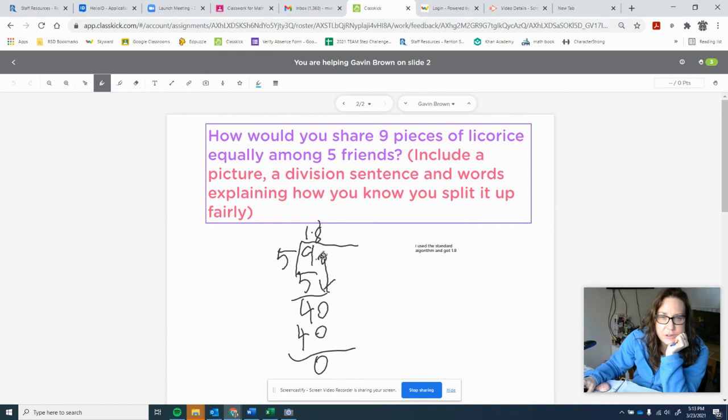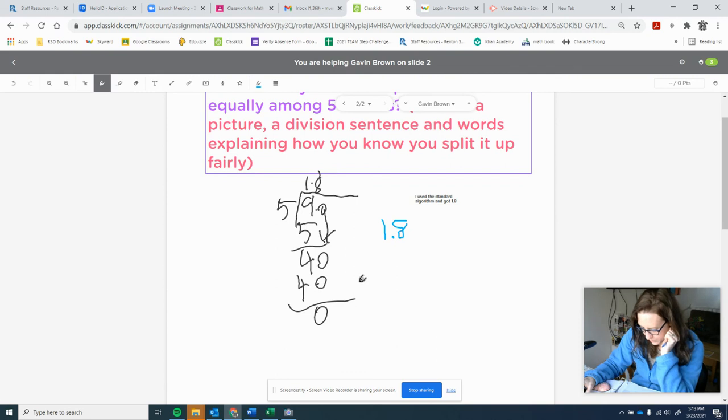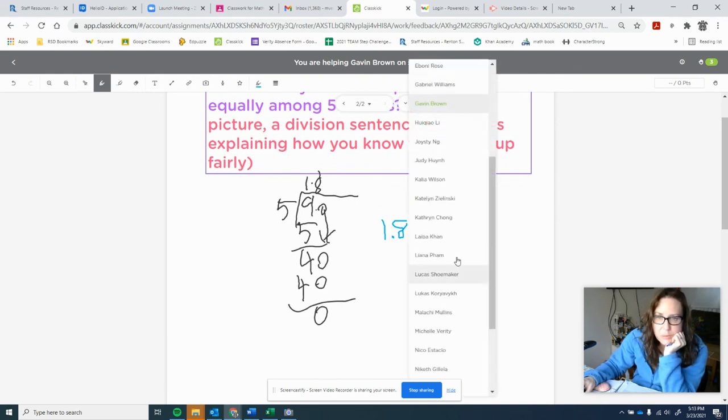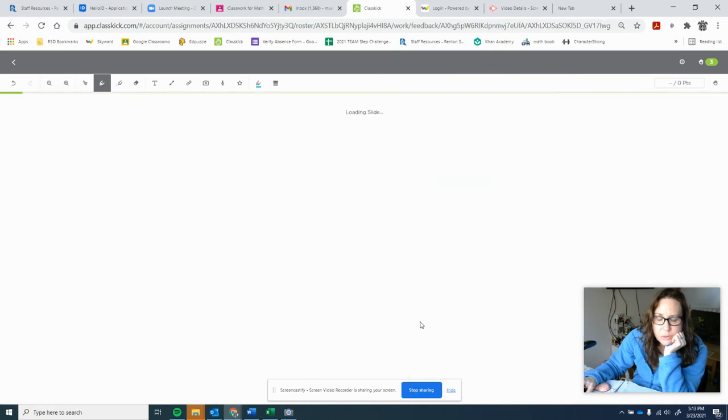We're going to take 9 licorice and divide it into 5 equal pieces. So it becomes 1. We have 4 left over. Bring it down, make it into a decimal. So it became 1.8. 1 and 8/10. So that kind of goes along with, I think it was Nico as well, who came up with the 1.8.